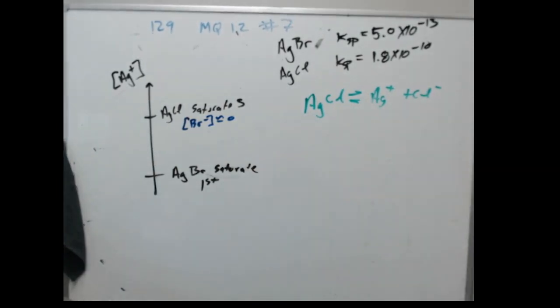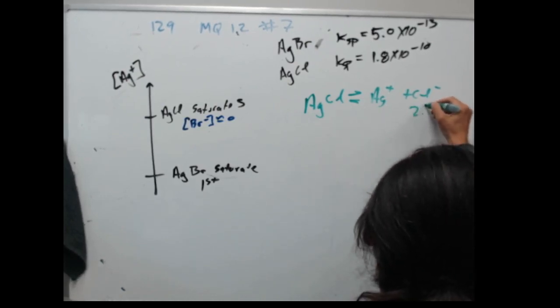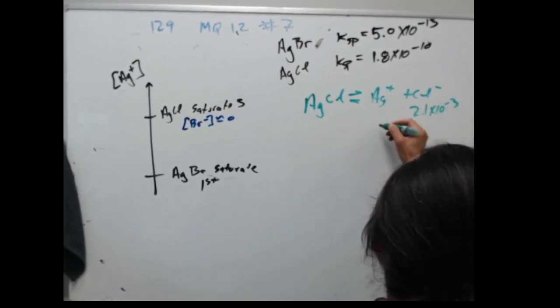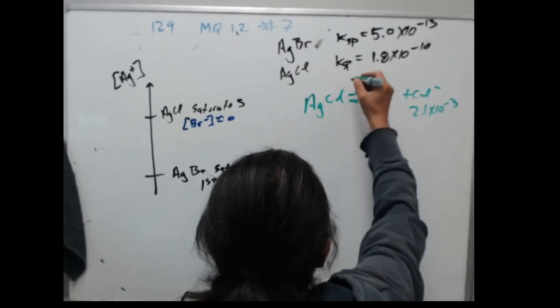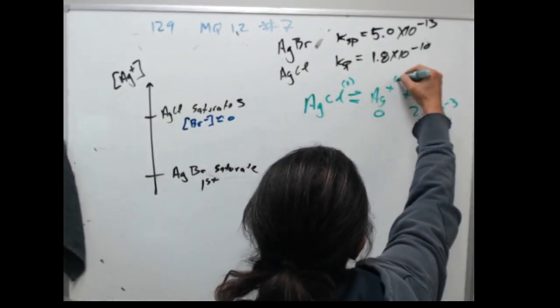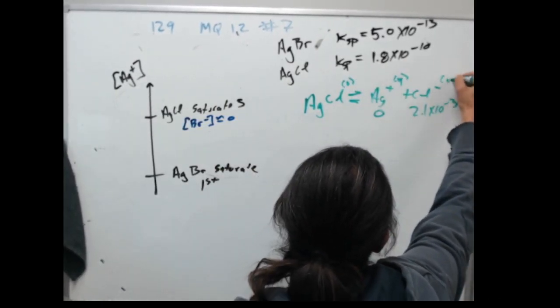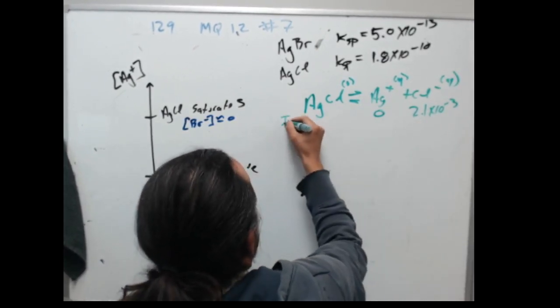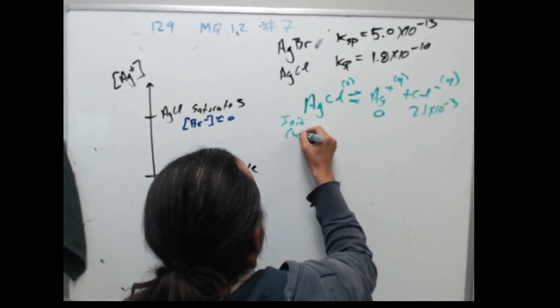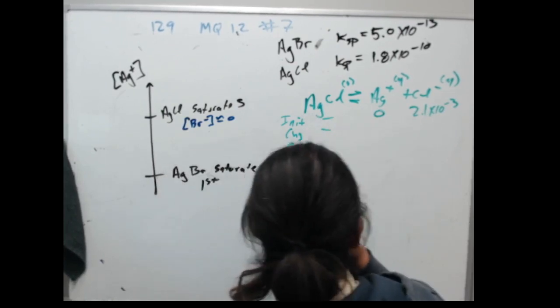My chloride concentration, the random value it gave you, was 2.1 times 10 to the minus 3. We're saying 0 for silver, figuring out how much we need to add in. This is solid, this is aqueous. Sorry, I forgot my states of matter. Don't forget your states of matter. That's all that.